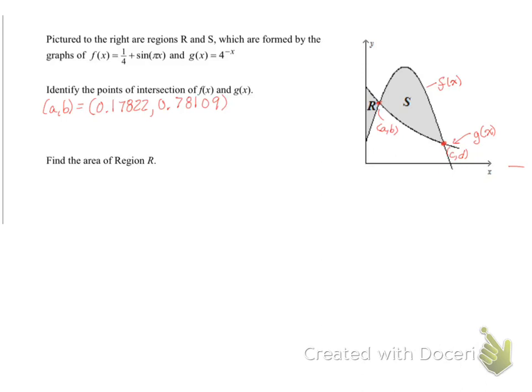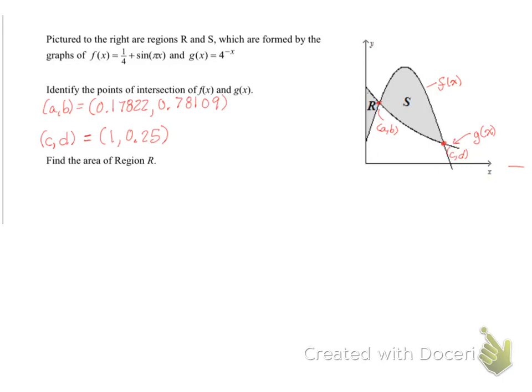I take as many decimals as I can to avoid any rounding error. And then we have the point CD, which is nice and easy. It's 1 and 0.25. Using these points of intersection, find the area of region R.